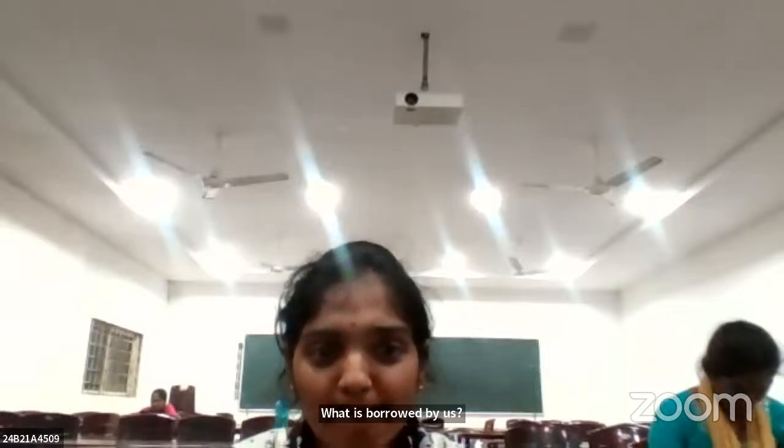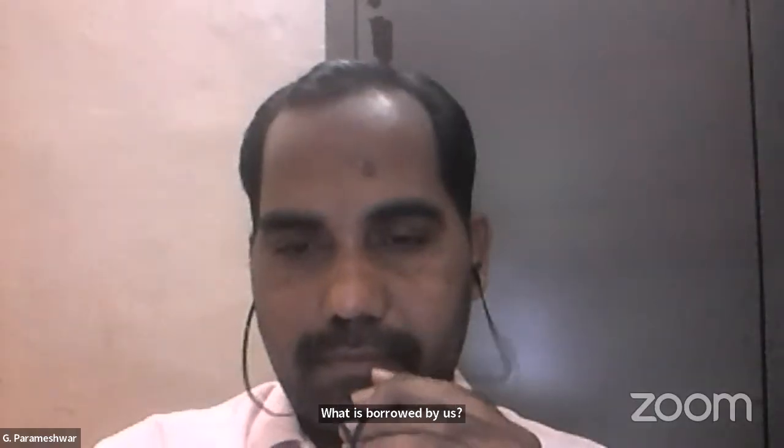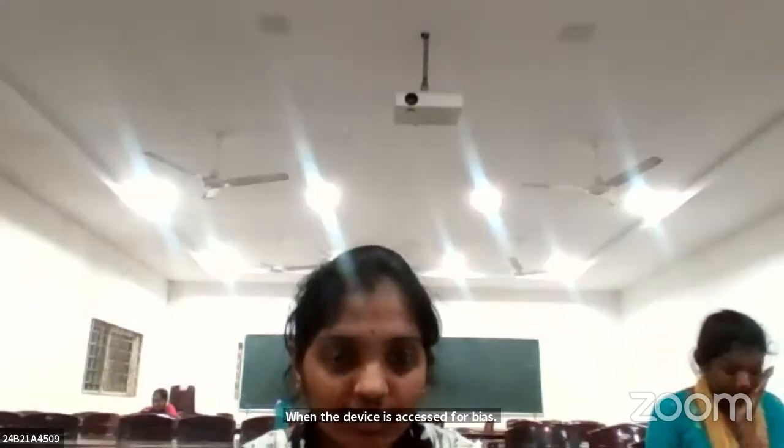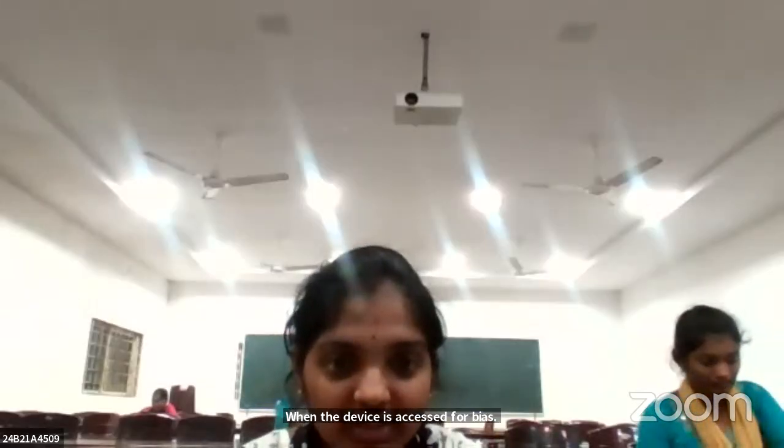What is forward bias? Sir, it is a short circuit. When the device acts as forward bias, current flows in the forward direction due to voltage. Okay.